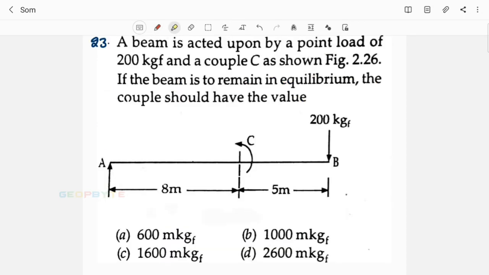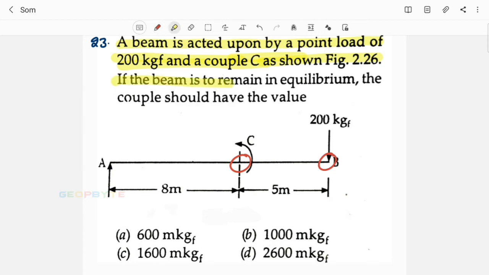Read the problem. A beam is acted upon by a point load of 200 kg force and a couple C as shown in figure. So this is the couple location, this is the point load.